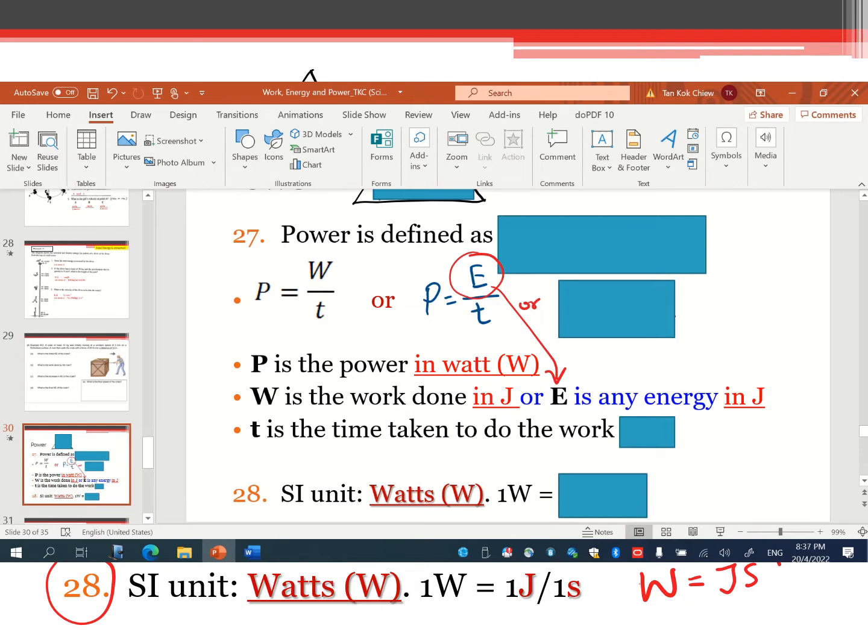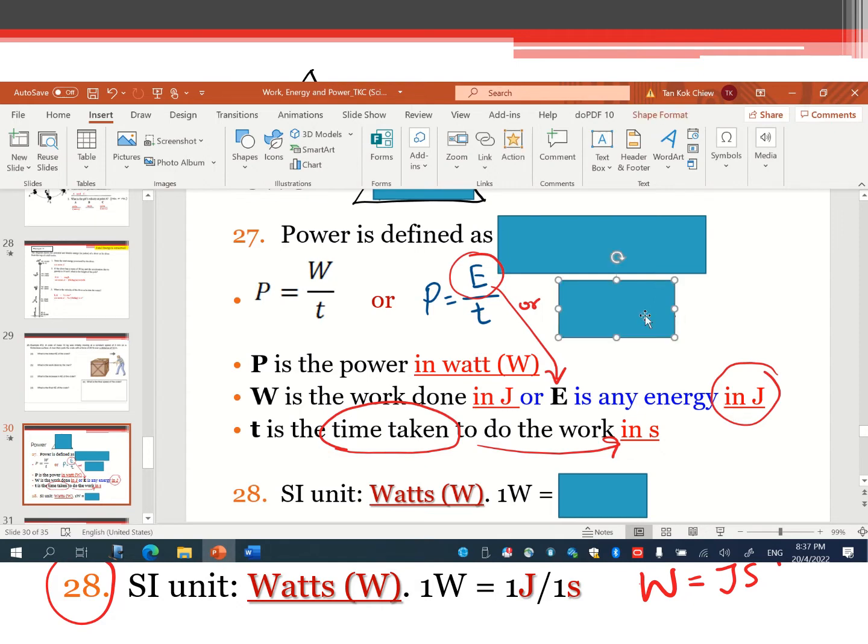It can be kinetic energy, it can be potential energy. So long as anything is measured in joules, when you divide by time in second, okay, time taken in second, it will give you power in watt. When you take energy in joules, divide by time in second, it gives you power in watt.